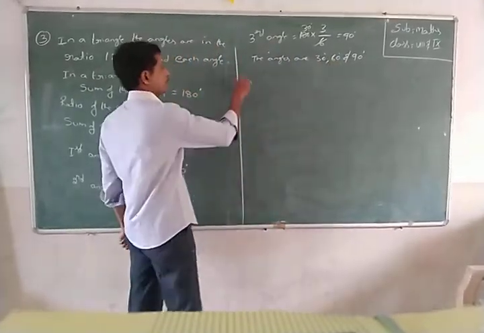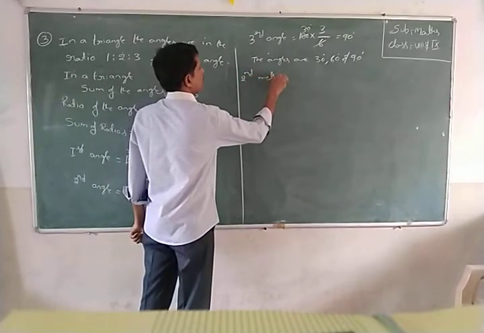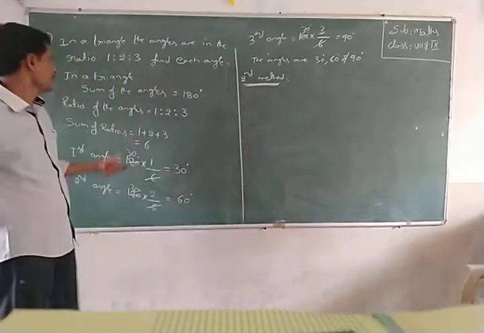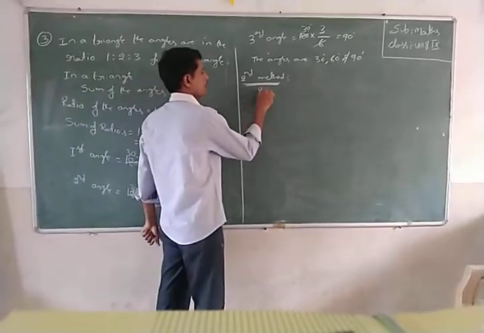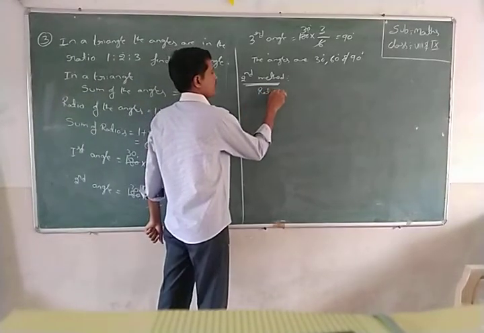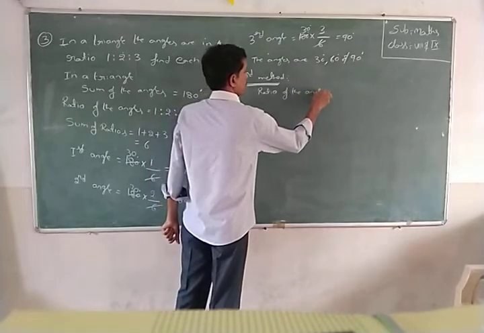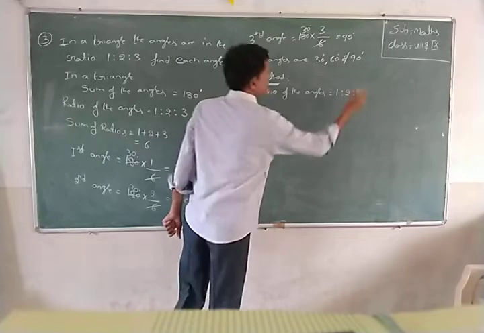Now the second method. Same problem, second method. Here the ratio of the angles is given, 1:2:3.